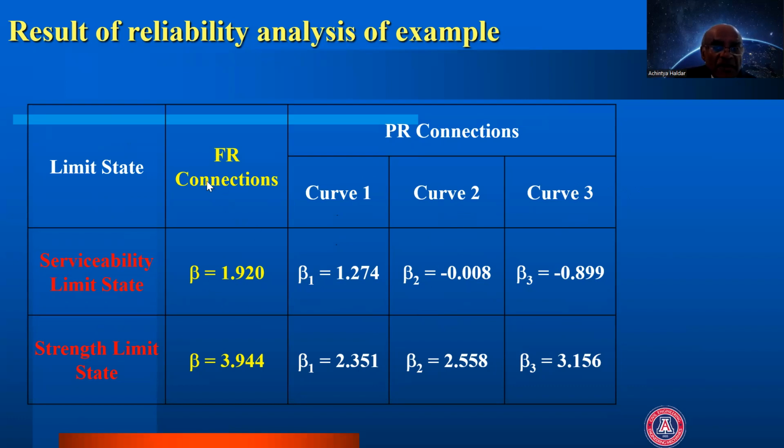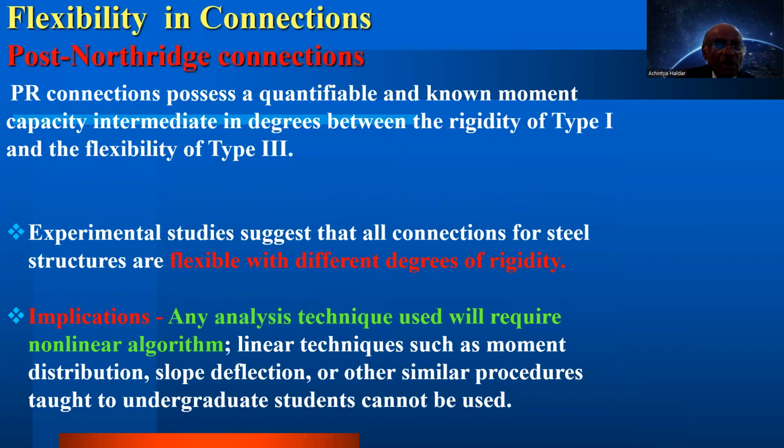And you can see FR and curve 1, we use it for the same purpose, but FR is giving me higher reliability index or lower probability of failure, so it is not conservative design. With that, let me talk about flexibility in connection post Northridge connection.